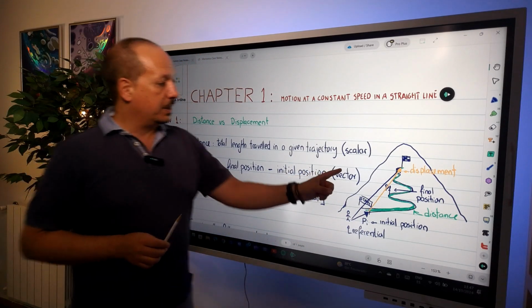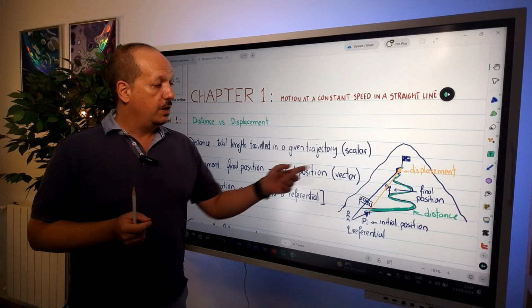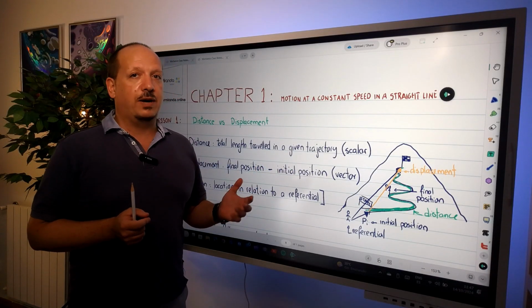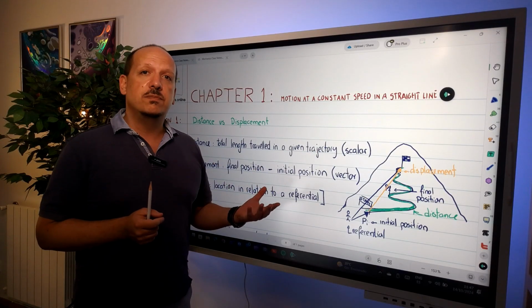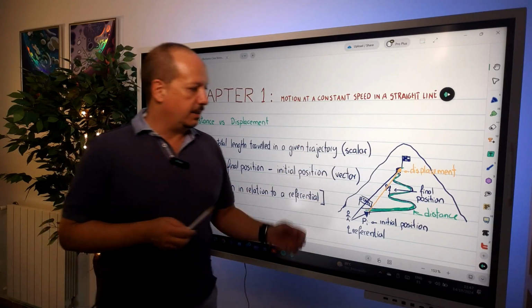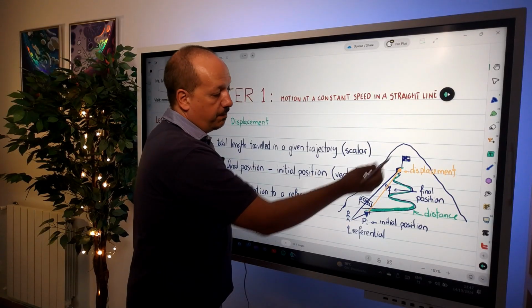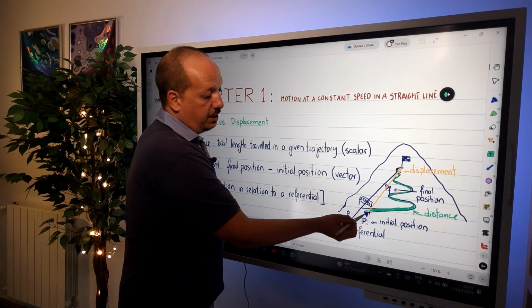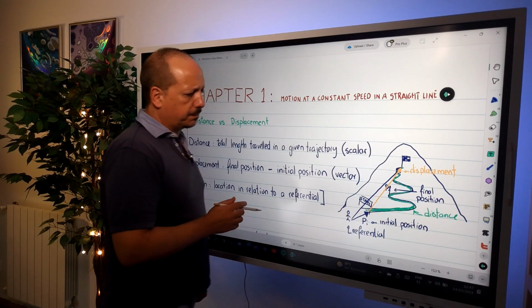I mentioned vector because, as you already learned also in previous years, a vector is a quantity that is defined by a magnitude, just like the scalar, but also by a direction. And this is often represented on paper with arrows such as this, in which you have a starting position and the end point would be the end of the vector itself.